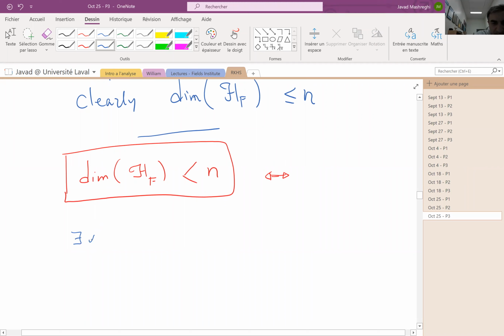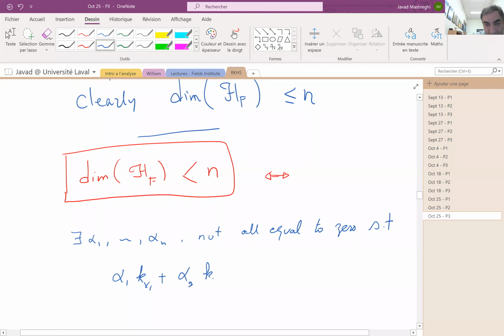There are alpha 1, up to alpha n, not all equal to 0, such that alpha 1 kx1 plus alpha 2 kx2 plus up to alpha n kxn equal to 0. True, that's the meaning of being dependent.